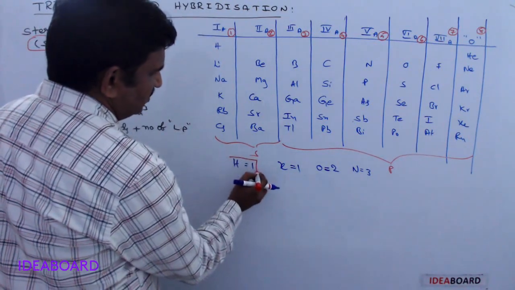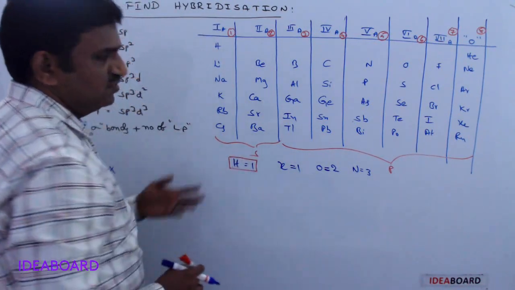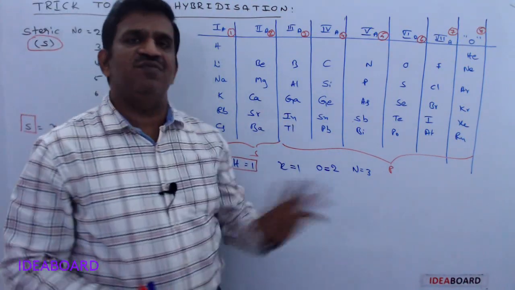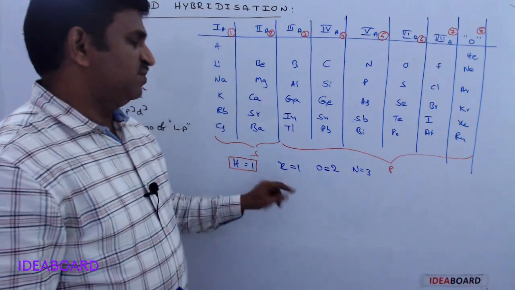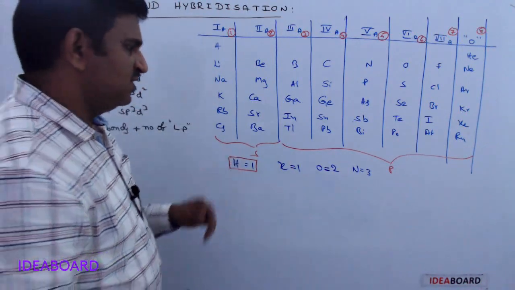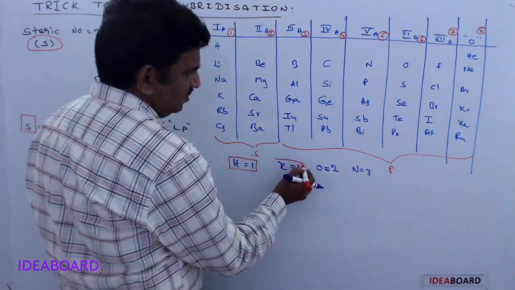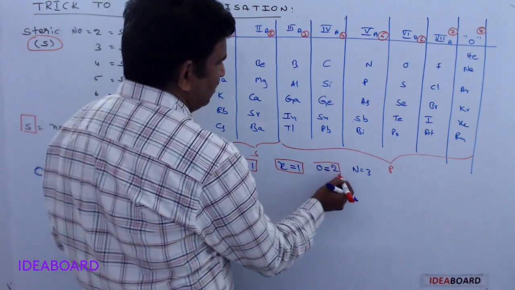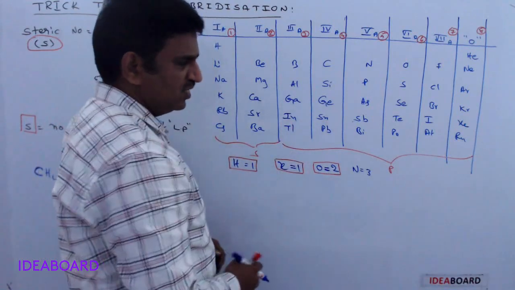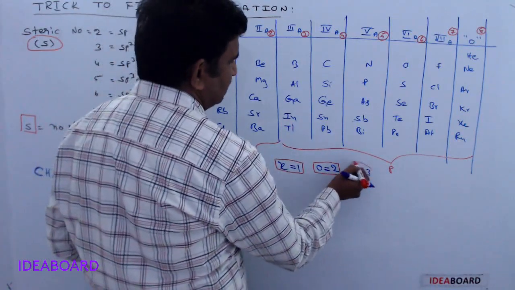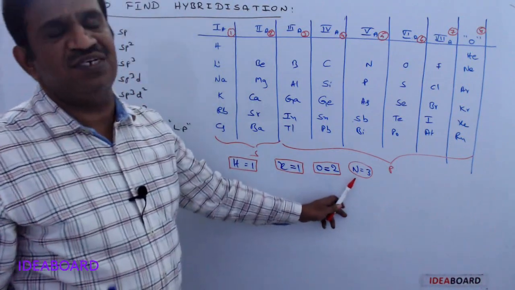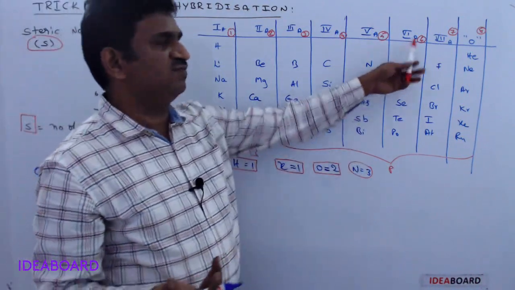Hydrogen: how many electrons are in its valence shell? Only 1. So it can donate that 1 electron for bonding. And X means halogens. All halogens form single bonds with another atom, and oxygen forms mainly double bonds. If nitrogen is the central atom, its valence is 5.